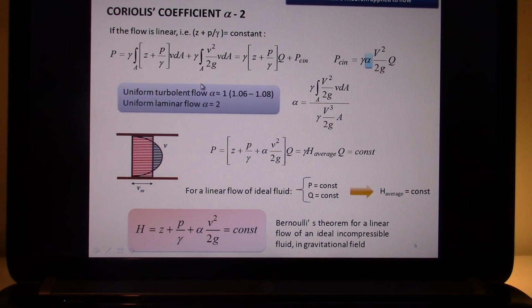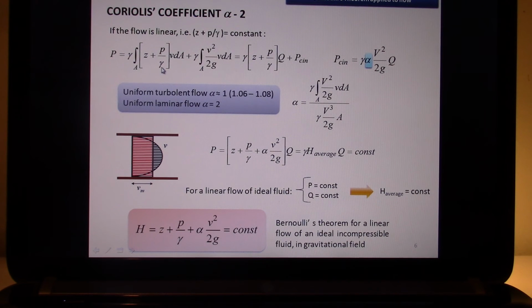What happens if the flow is linear? If the flow is linear, which means that Z plus P over gamma is a constant, so the hydraulic head remains constant as we have defined before, then you can split the power in two terms.